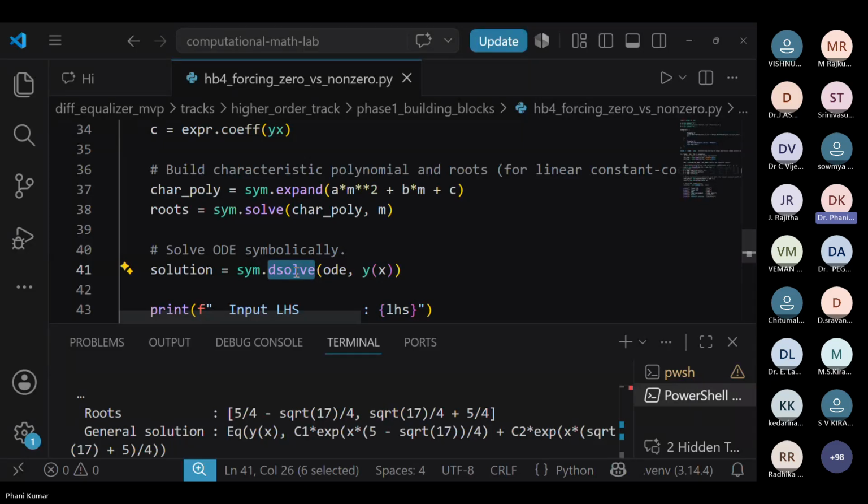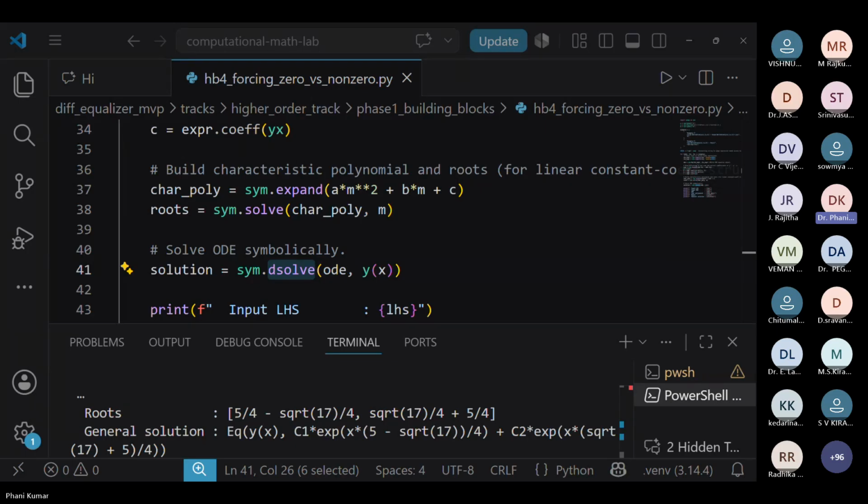I do not advise solving directly using dsolve, because when we use the dsolve method directly, we get the solution. But we must know the characteristic polynomial and the complementary solution, and find the particular solution separately. Then by combining those two, we get the solution.